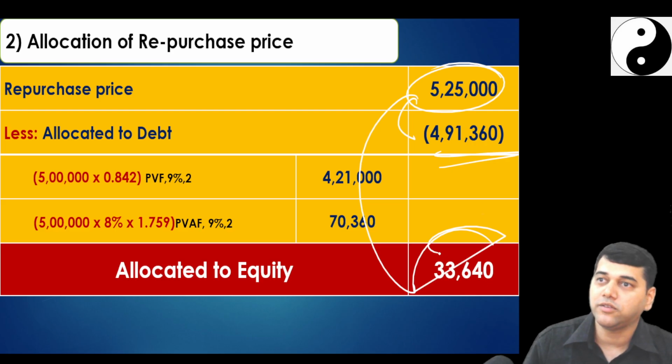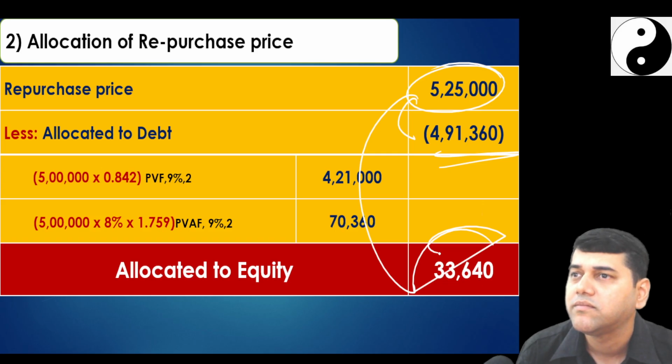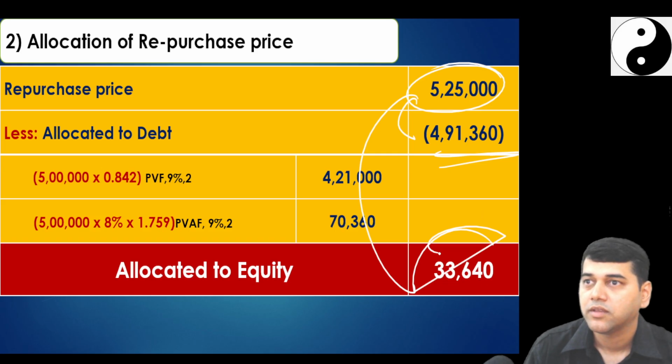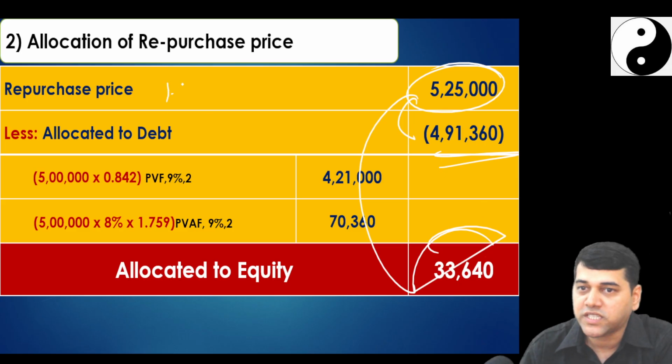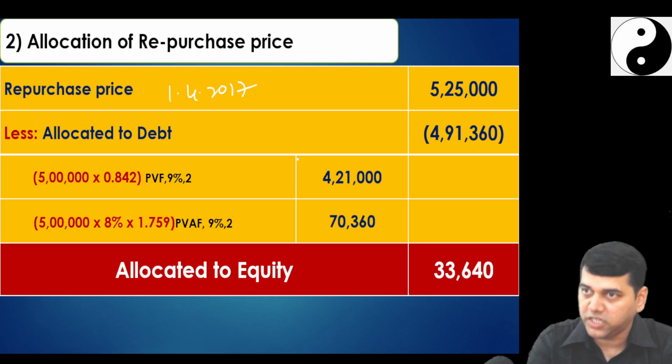Yes, Vishnupriya, what is your doubt? Sorry, loudly. You didn't understand this allocation. You paid on 1st April 2017. Did you have an obligation to pay right now? No, but you paid. Chalo, out of this, there are two components actually.